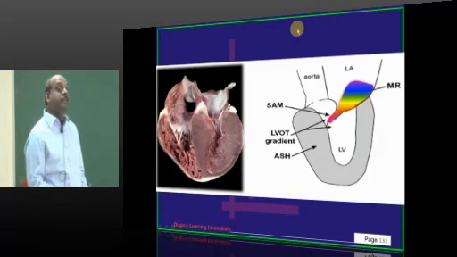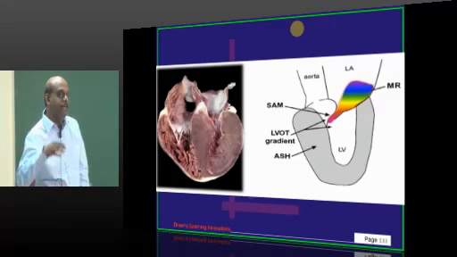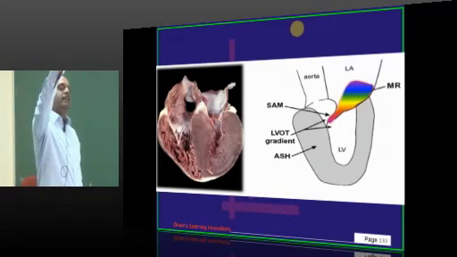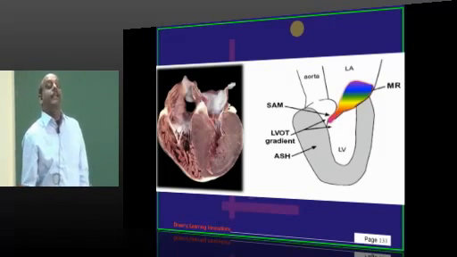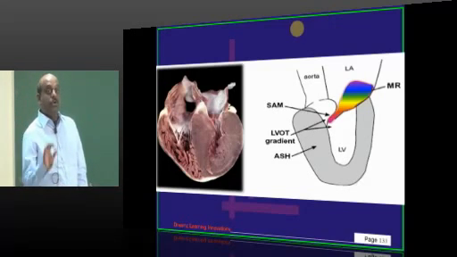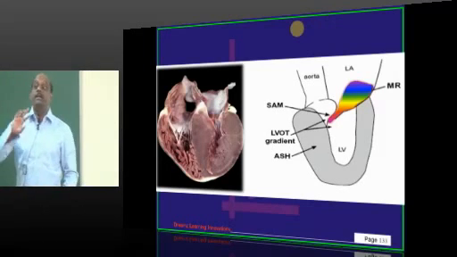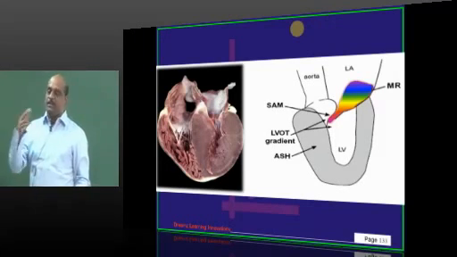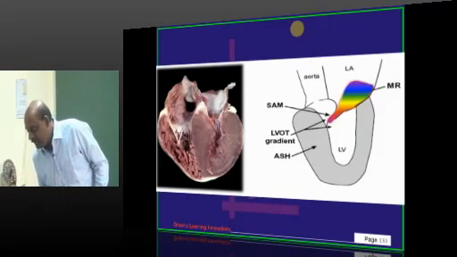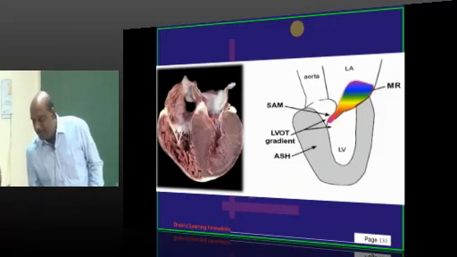Hence at the time of inspiration, what is happening? That is causing increased cardiac output. Got it? So that is the reason HOCM is considered to have reverse pulsus paradoxus. With inspiration there is an increased cardiac output, which needs to be remembered.